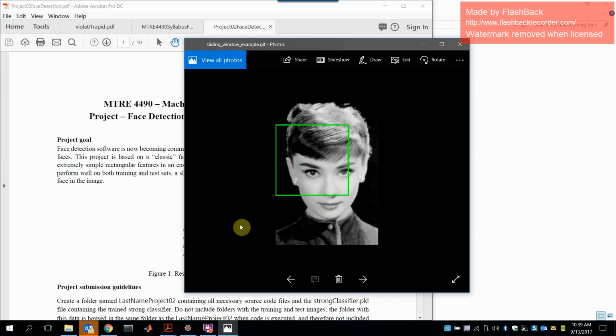Interestingly enough, in the paper, the authors said that they don't take their images and size them down, but rather they scale their weak classifiers.